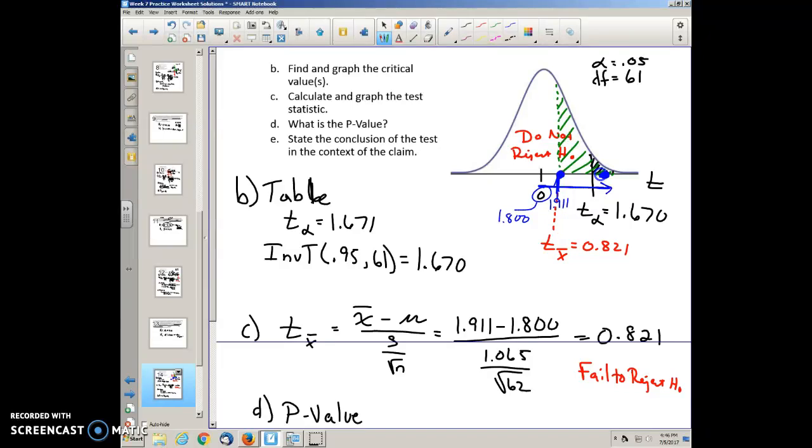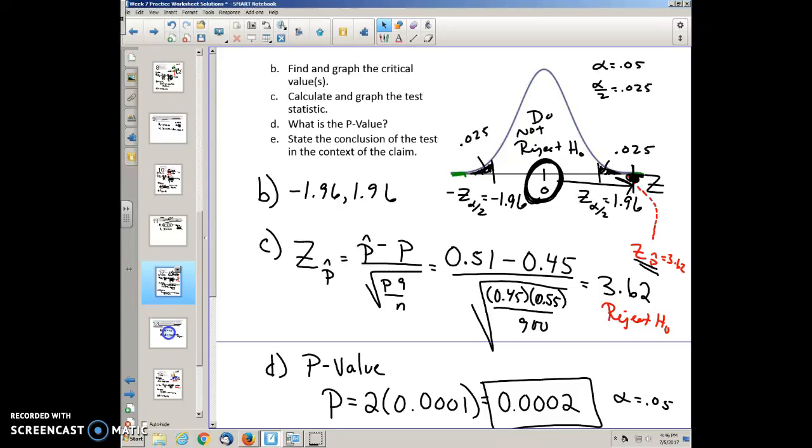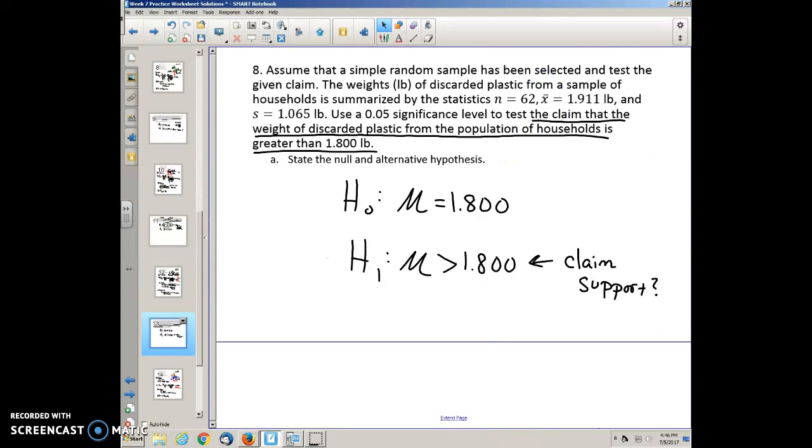It's not statistically significant enough to support the claim of more than. So again, maybe what I just did confused you, but that's really what we're talking about. We're failing to reject the null hypothesis, so there is insufficient evidence to support the claim that the weight of discarded plastic from the population of households is greater than 1.800 pounds.